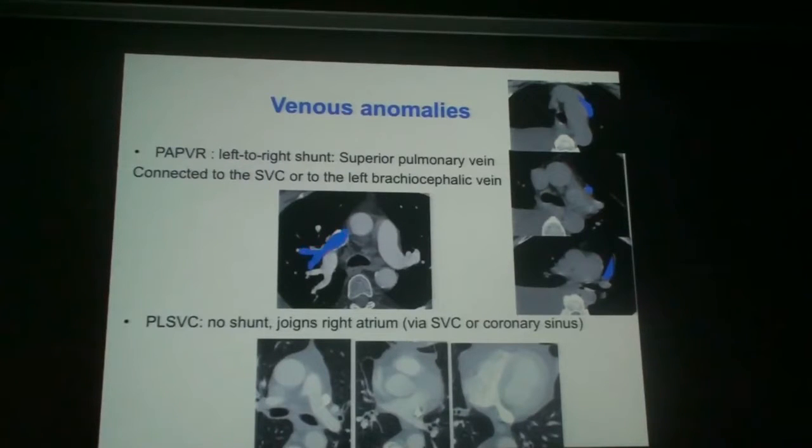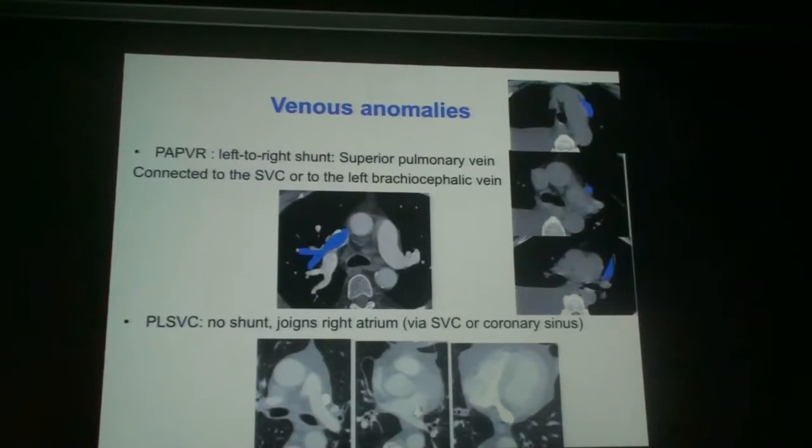left to right shunting, whereas the left SVC does not create any shunt, and usually the left SVC joins the right atrium via the coronary sinus, or another option, it can go to the other side and join the right SVC.